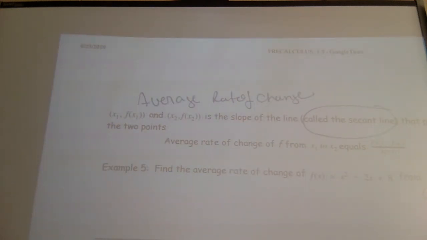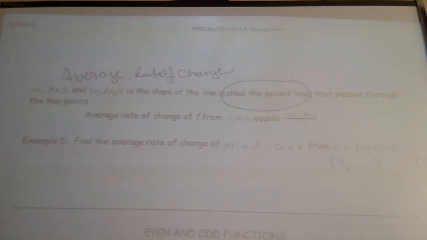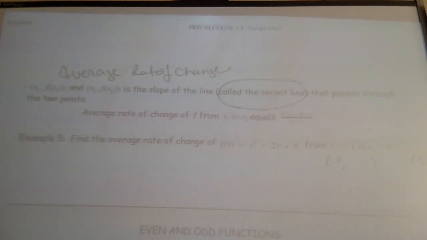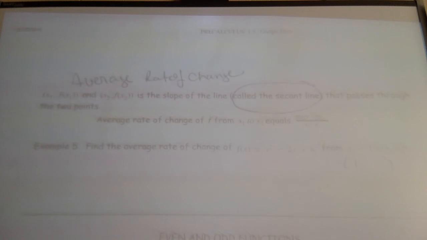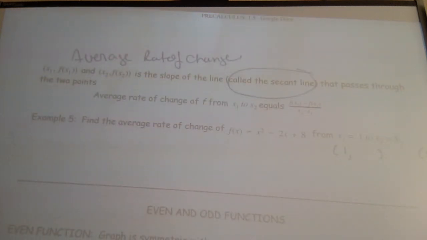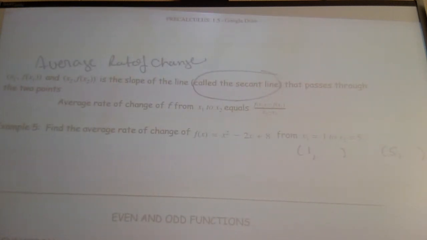So I have one ordered pair. I know the x of each ordered pair. How do I find the y values for each? Plug them in.